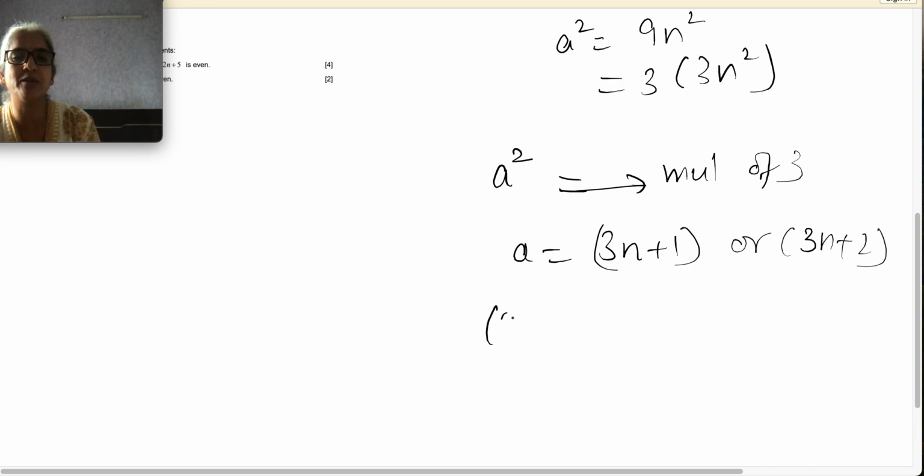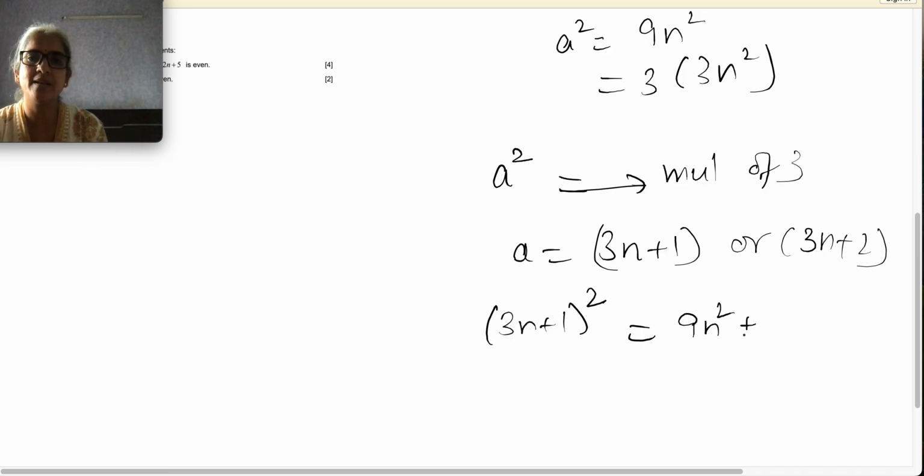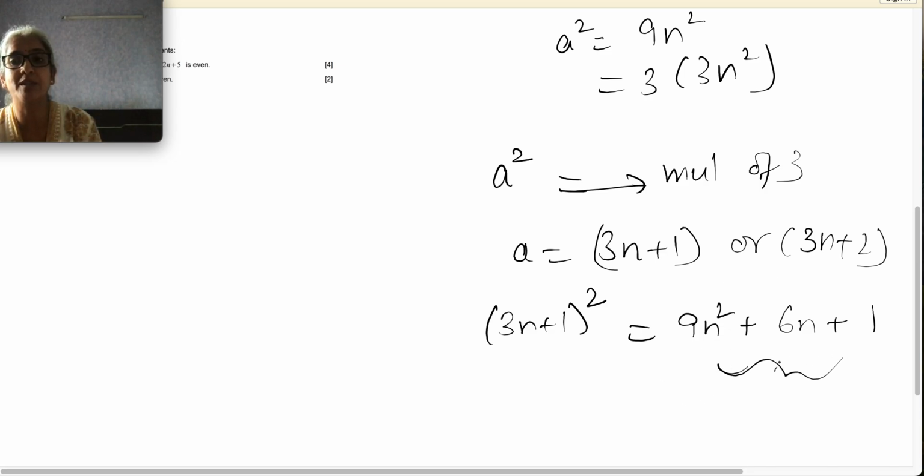If a is not a multiple of 3, then it will be the square of this. Using my knowledge of (a plus b) the whole square, it's 9n square plus 6n plus 1. And this is not a multiple of 3. You can very well see that I cannot take 3 common out of this.